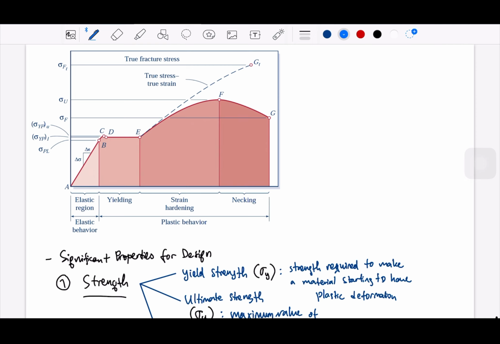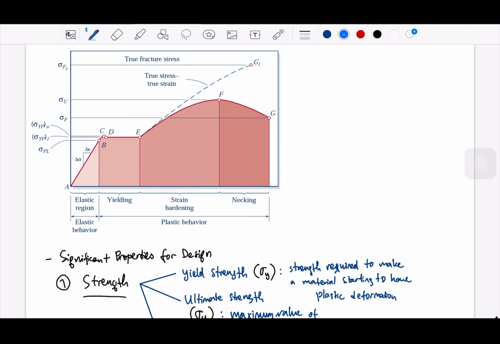Okay? So even back in my country, if you are in material engineering or material science engineering, you need to be able to draw the stress strain curve like this one with exact stress numbers.